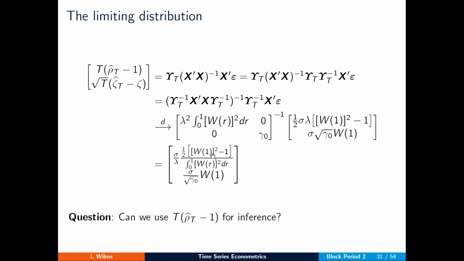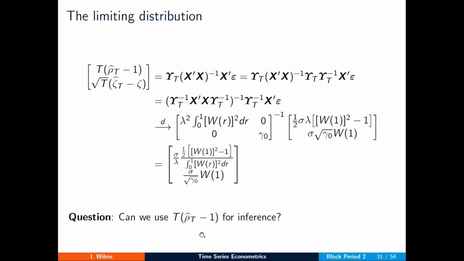Now, this is all not that interesting, but what is more interesting is whether we can actually do inference with this test statistic. Again, this test statistic, so the upper part over here, contains nuisance parameters, lambda, sigma. So no, we can't directly simulate from this limiting distribution.